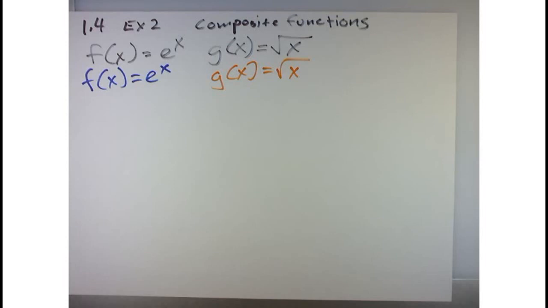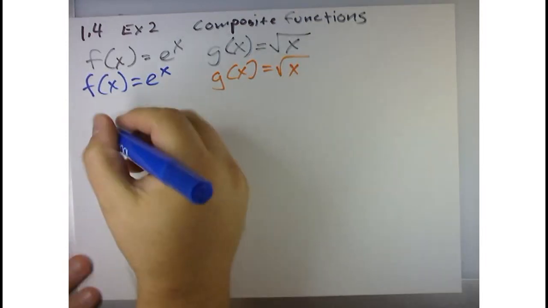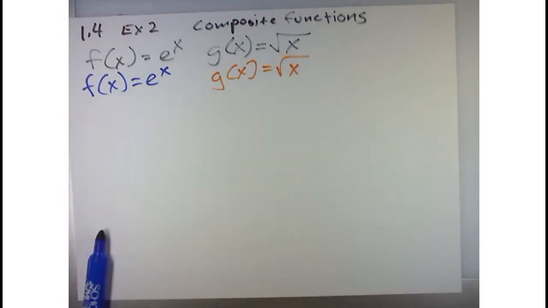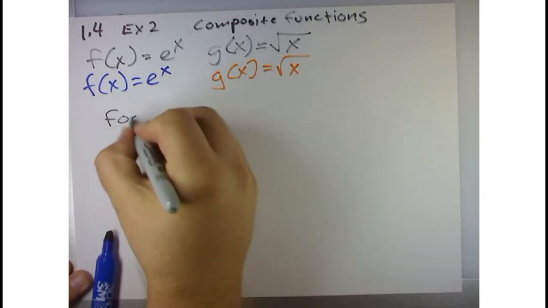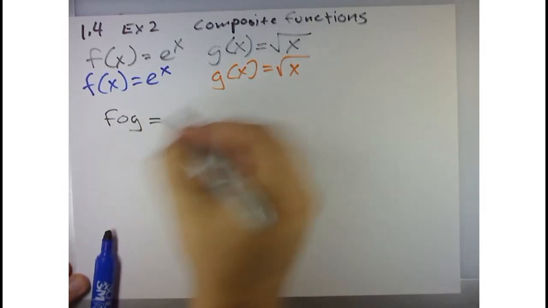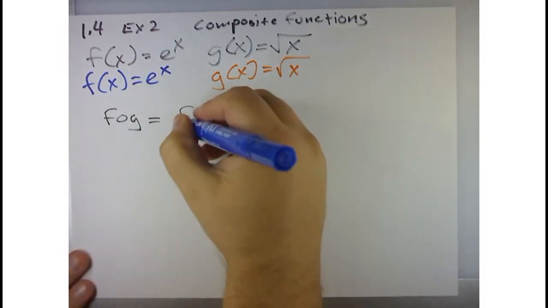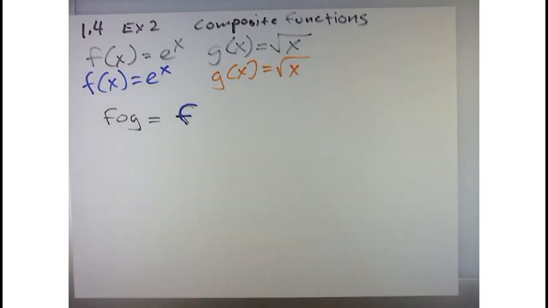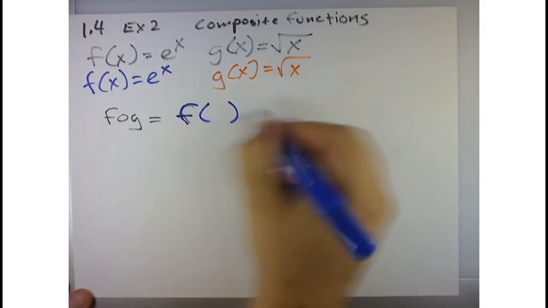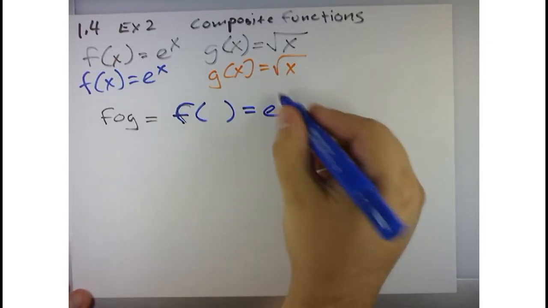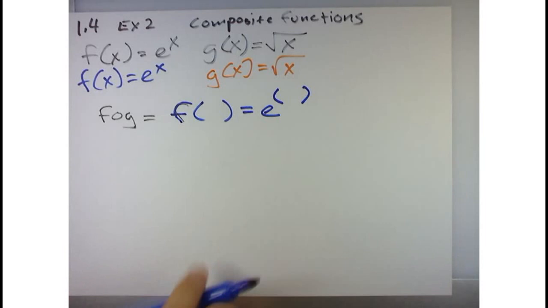So if I were to say f of g of x, and I'll write this so you guys can see it. When you see notation like this, what I really want is f of something equals e to the something. So let's unpack that.